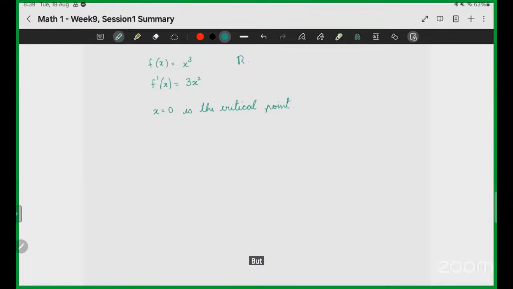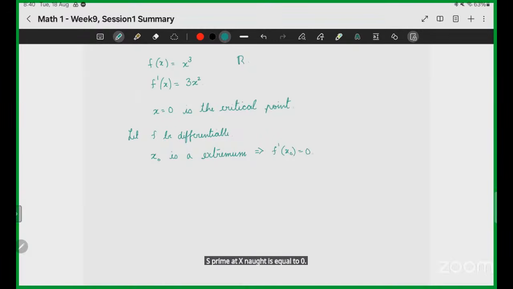But now, what we had observed earlier is: let f be differentiable, and x naught is an extremum, implies f prime at x naught is equal to 0.